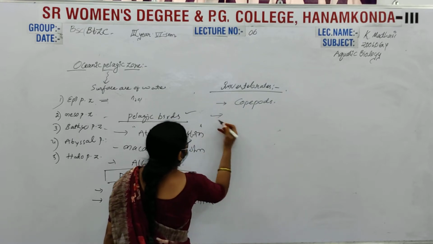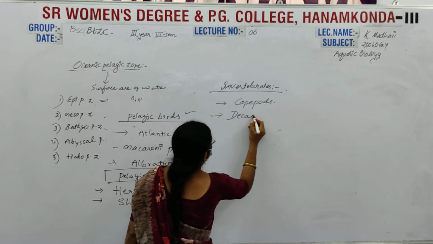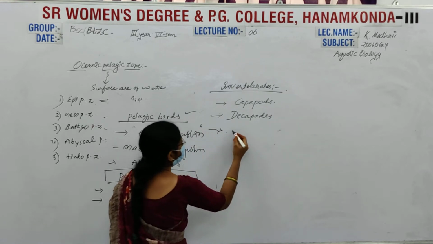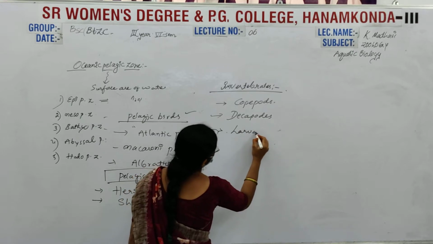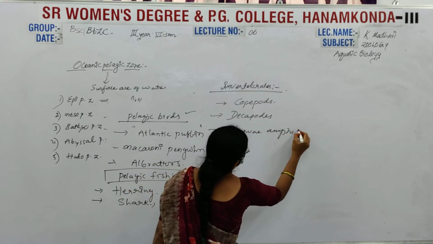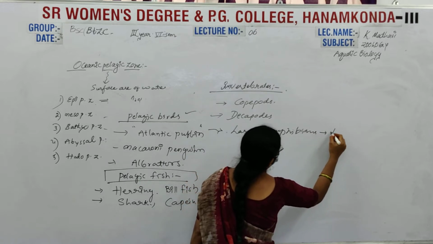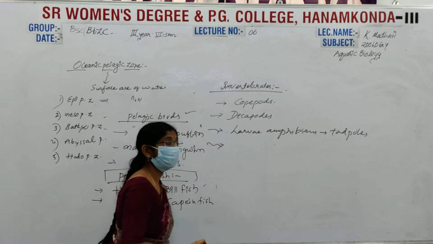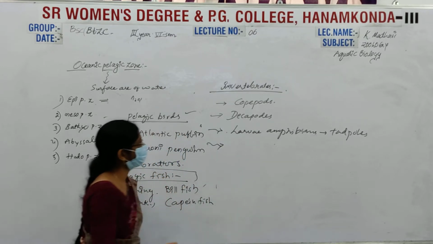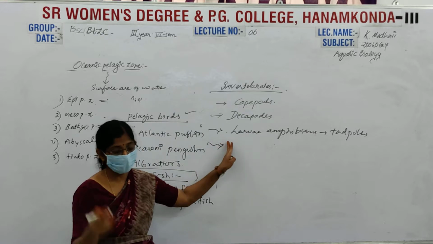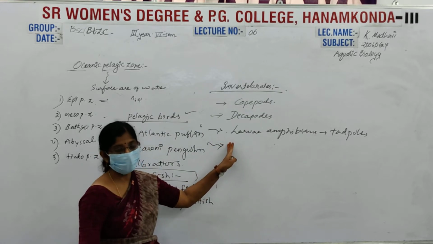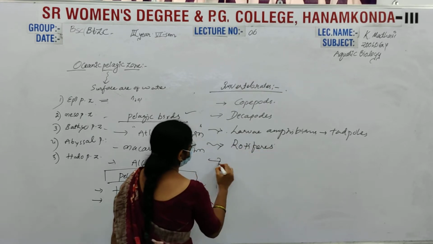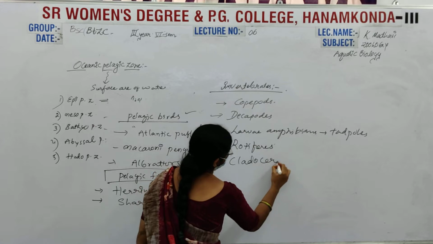Copepods are available, and next the decapods, and the larvae of amphibians, it means nothing but the tadpoles, and next the larvae of ascidians, and some rotifers, cladocerans.